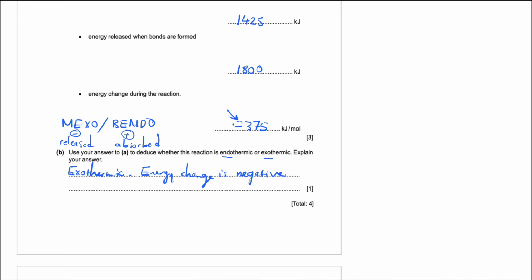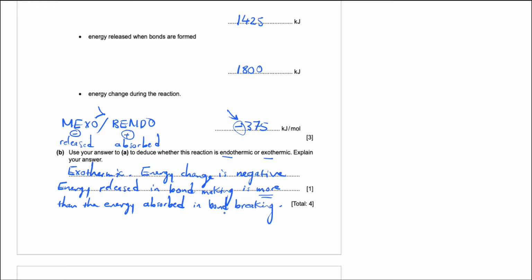And then since here overall is negative, it means mexo is greater than the bendo. So the energy released in bond making is more than the energy absorbed or taken in bond breaking.